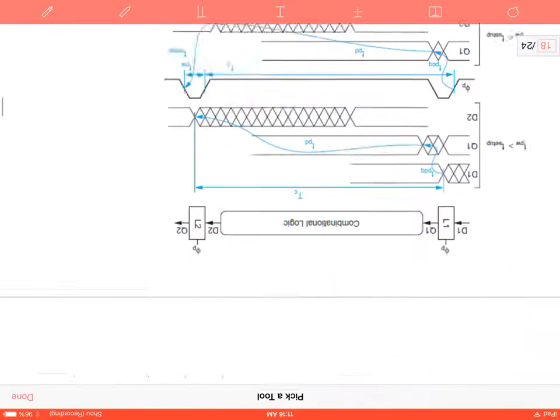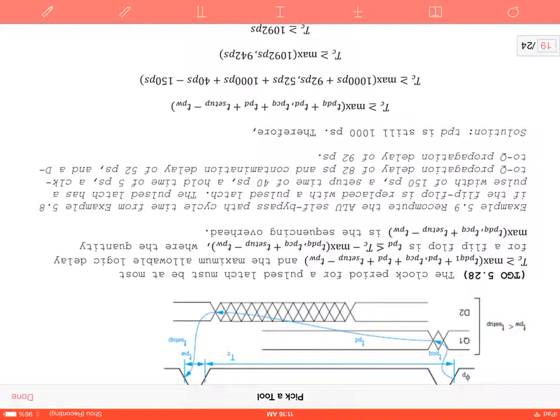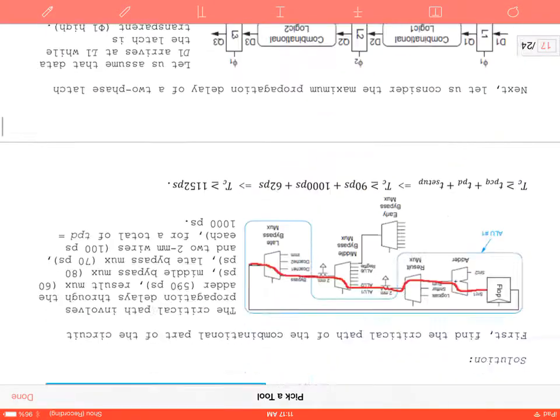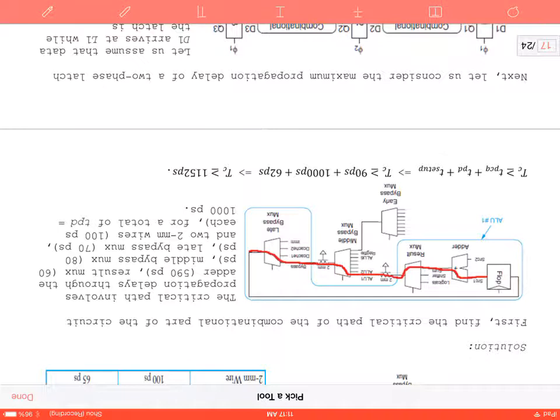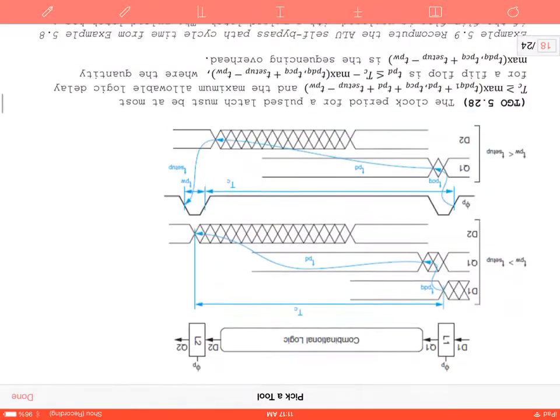Using that, we also looked at the clock for pulse latches, so our cycle time is replaced. We've replaced the flip-flop with pulse latches, and now we have figured out that our cycle time requires 1,092 picoseconds. Looking at the previous problem, it was 1,152. So by using pulse latches, we were able to reduce the cycle time needed to complete the operation.